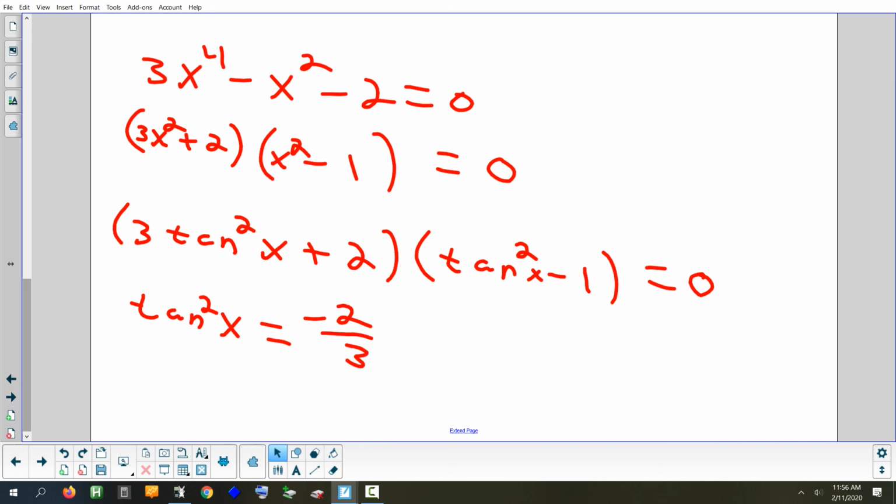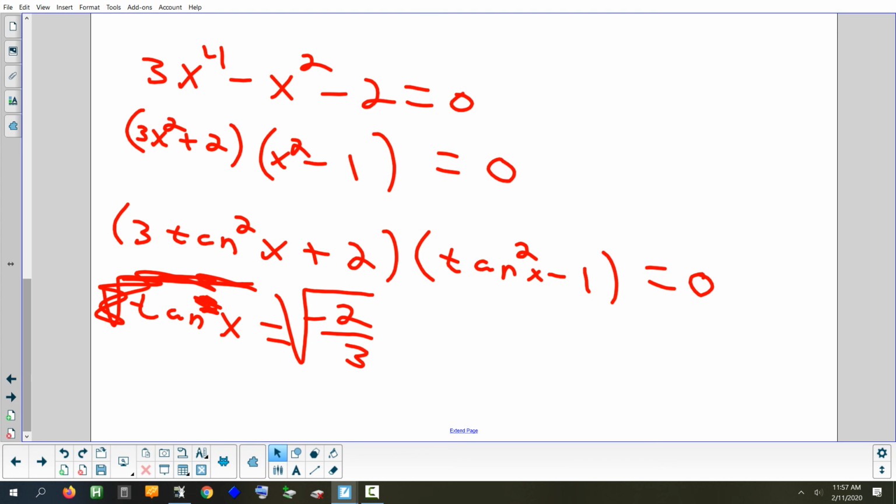Now, you can't do inverse tangent yet, because there's something else you have to get rid of first. Take the square root of both sides. Square root, square root. That and that cancel. So now you have tangent x equals the square root of negative 2/3.